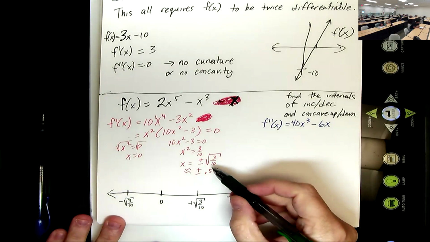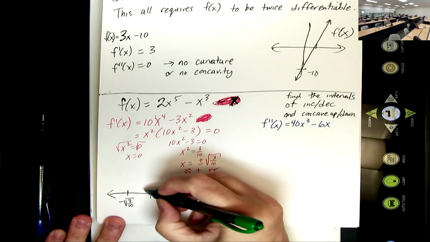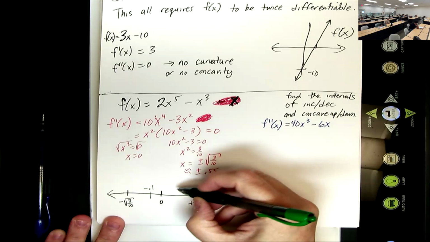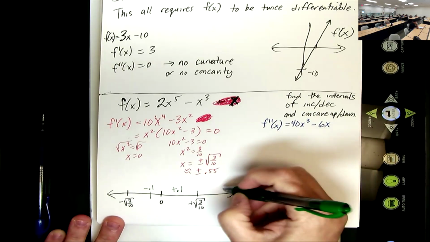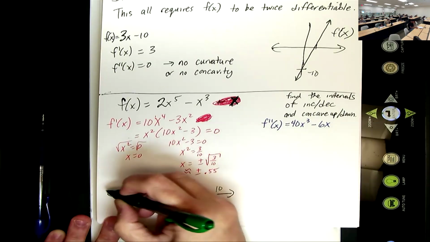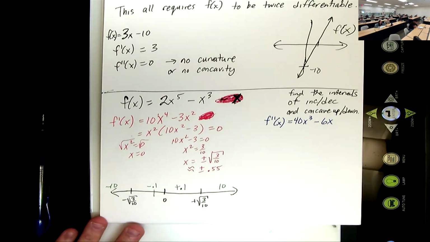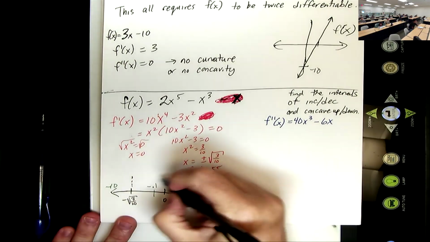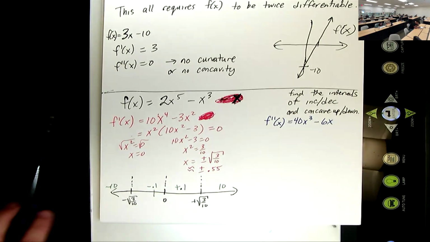So let's test negative 0.1, positive 0.1, and then like 10 and negative 10. These will be our test points here, because this is divided up into 4 regions. And we're plugging them into f prime of x.